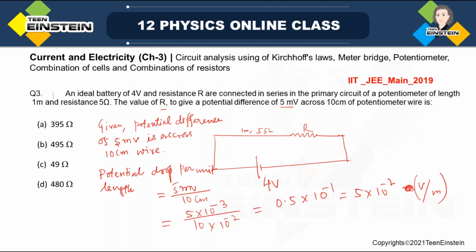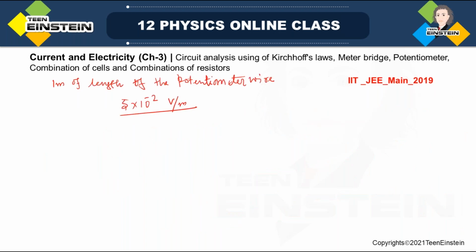Now let us say potential drop. So look what was there. This is the capital R. It is connected with the ideal battery along with this 1 meter wire in series.